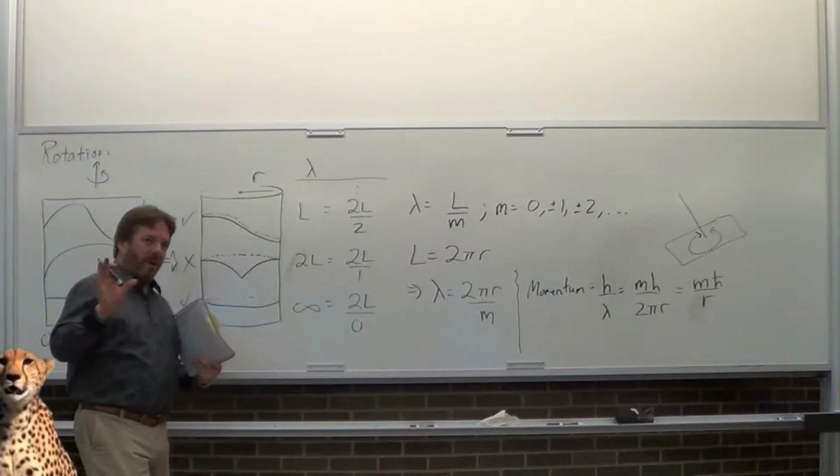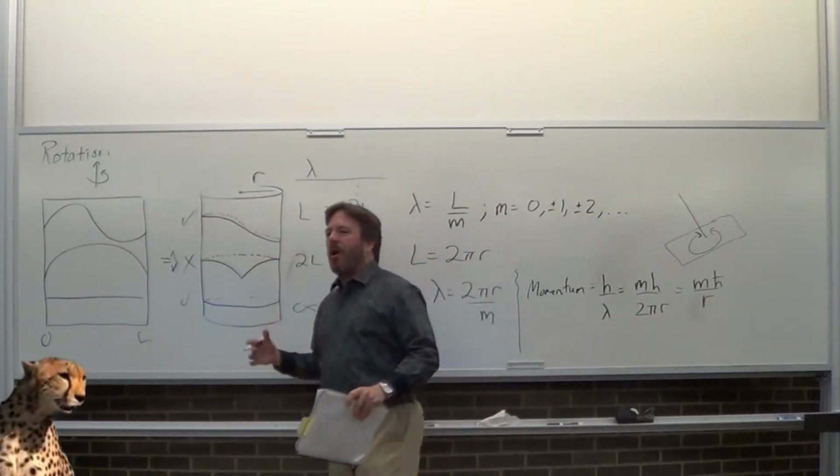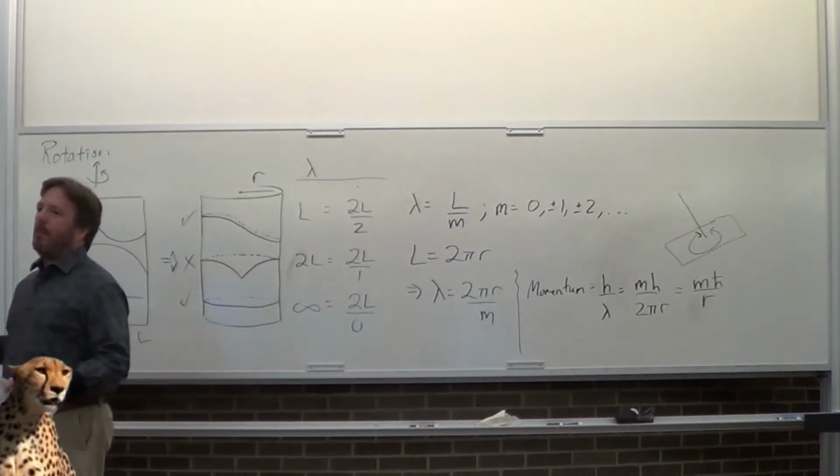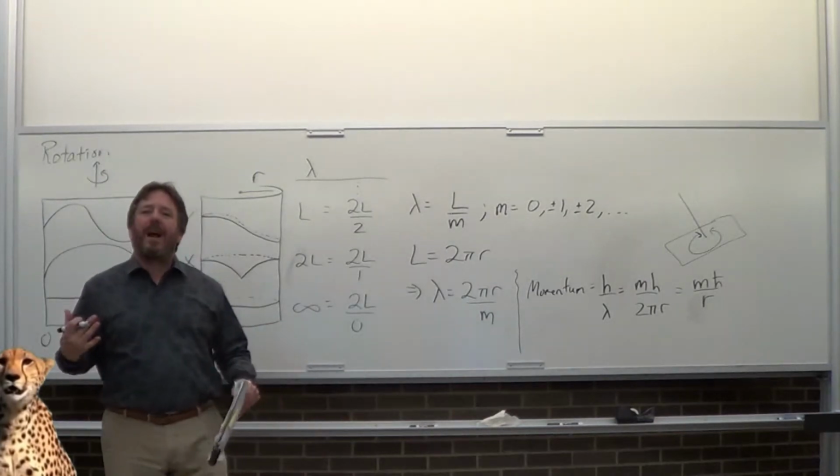You will never not find the 2 pi. And so that's why h bar was defined as a fundamental constant, because it was just easier in every quantum mechanical relationship you'll ever find.